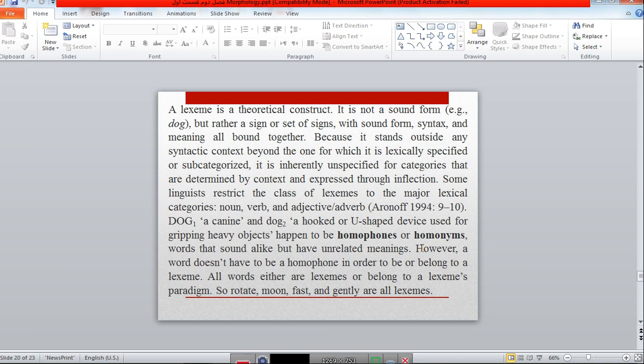However, a word doesn't have to be a homophone in order to belong to a lexeme. All words either are lexemes or belong to a lexeme's paradigm. So, for example, words like rotate, moon, and fast are all lexemes.